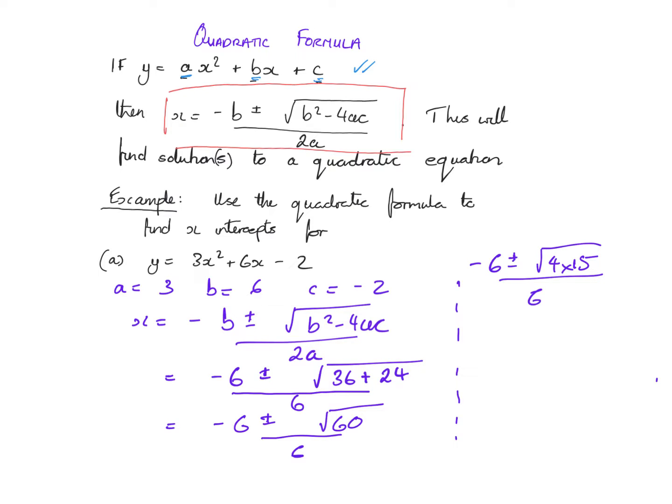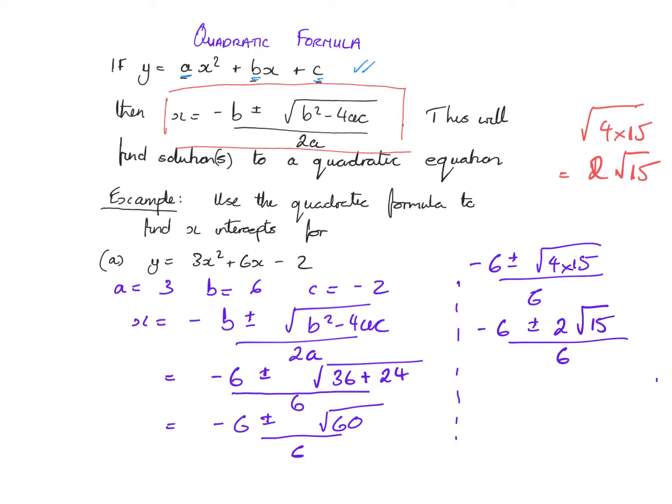Alright, and I'm just going to come up here into a bit of a working column and show you that the square root of 4 times 15 is equal to 2 times root 15, or 2 root 15. So I'm going to write that here. So minus 6 plus or minus 2 root 15 on 6.